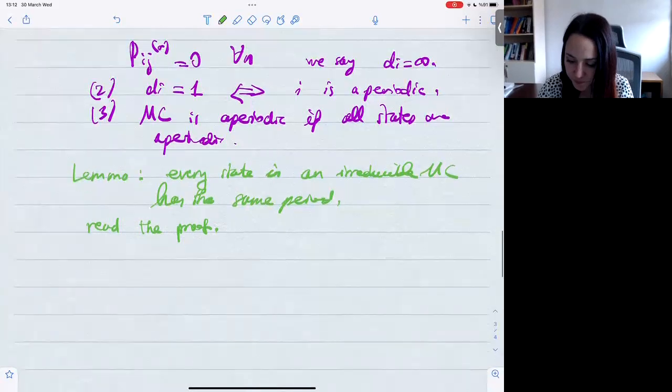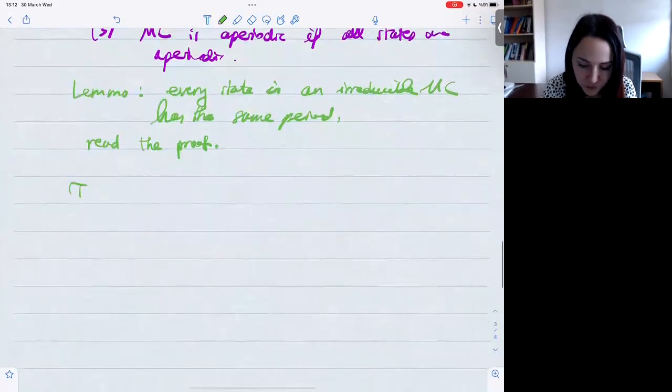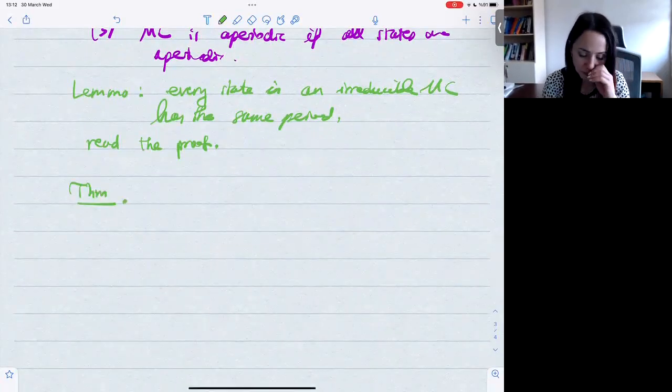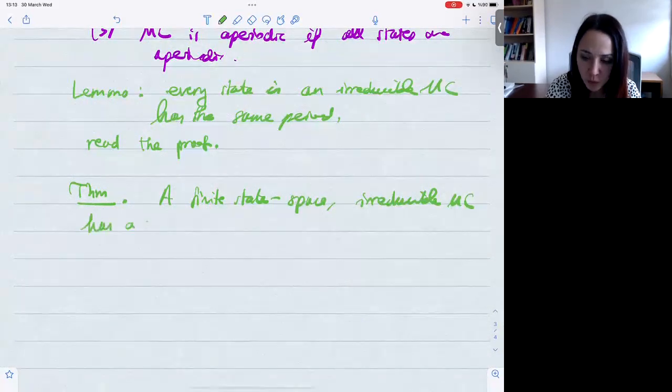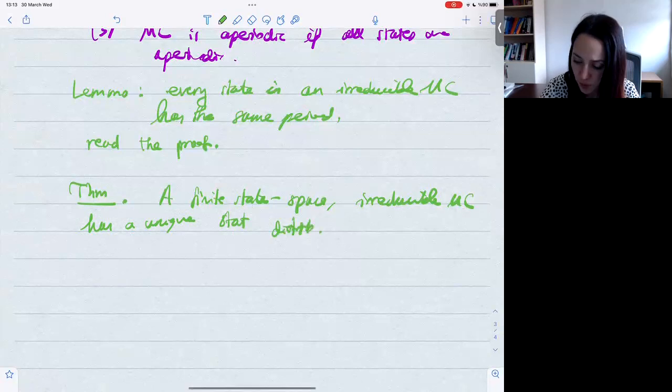So here's a theorem that all of these things culminate in. A finite state space, irreducible Markov chain has a unique stationary distribution pi.